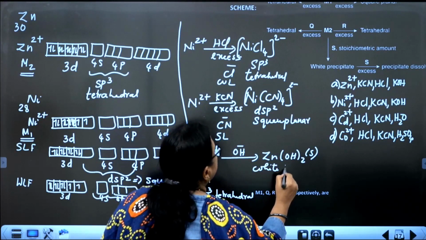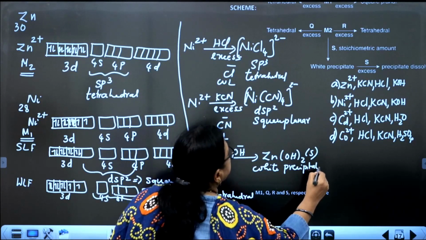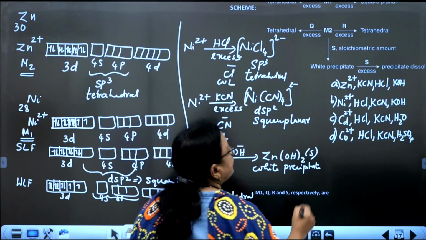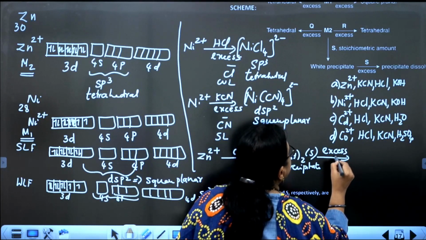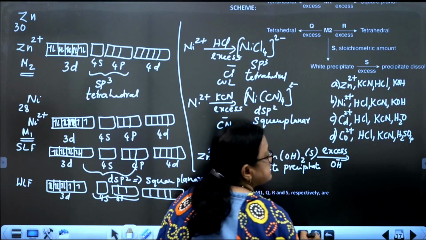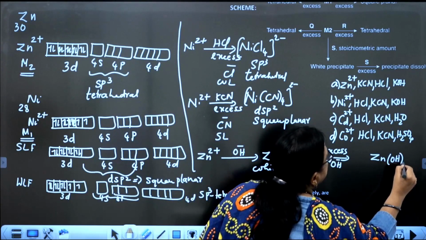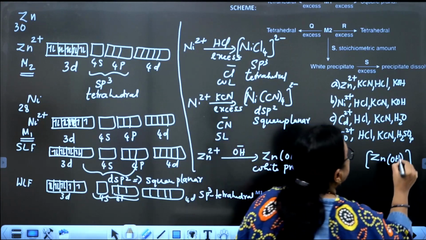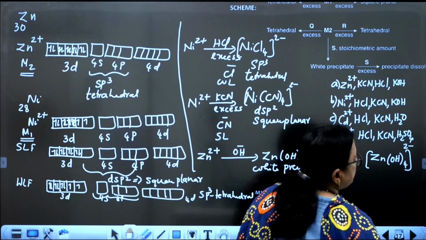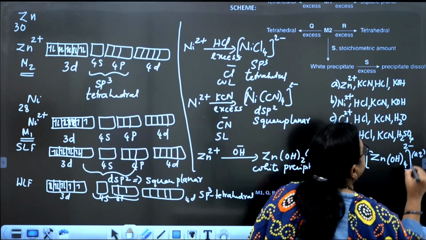You will get a white precipitate of zinc hydroxide, to which when you add excess KOH, in excess OH minus, zinc complexes with OH minus ligand, thereby forming the complex [Zn(OH)4] 2 minus, which is water soluble.